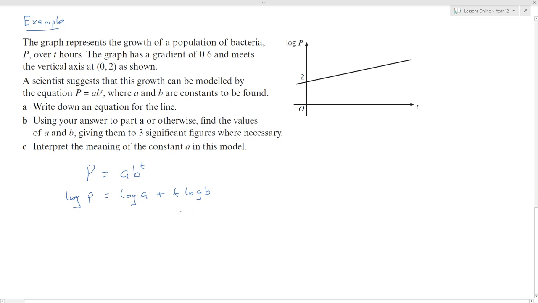Now we know that the gradient is 0.6, and we know that the intercept is 2, so we can write that's going to be equal to 2 plus 0.6t.